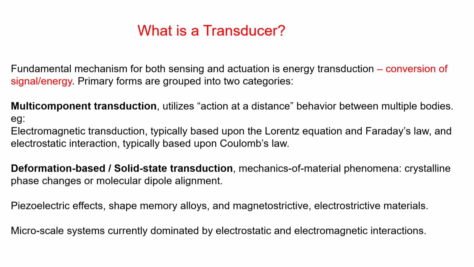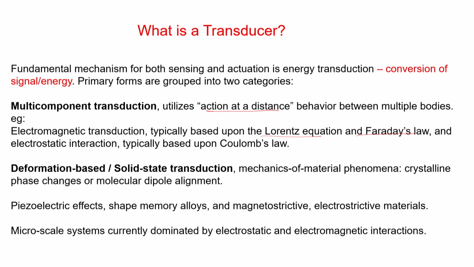Now, multi-component transduction, for example, utilizes action at a distance behavior between multiple bodies. So, if you have an electromagnetic transduction, typically you can have systems based on, say, the Lorentz equation or Faraday's law.